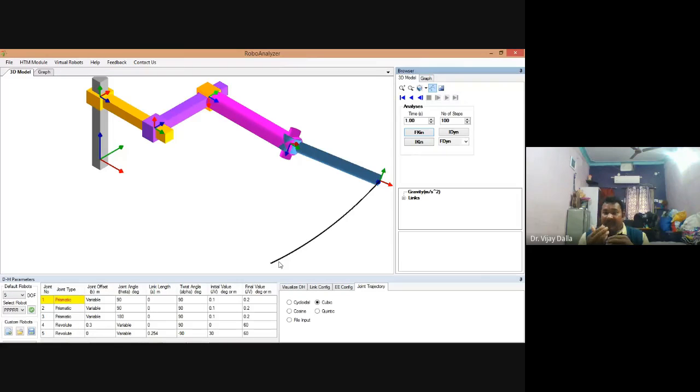But here, the output will become input and input will become output. Like in inverse kinematics, as I told you, the joint positions will be given, and then what will be the joint angles and the joint offsets, that we have to know.